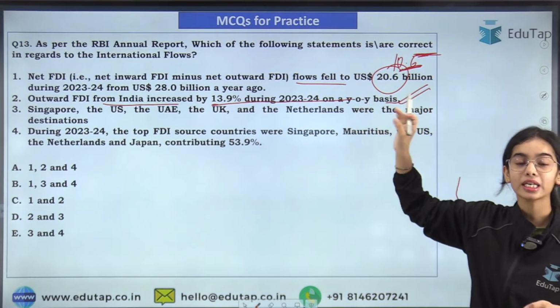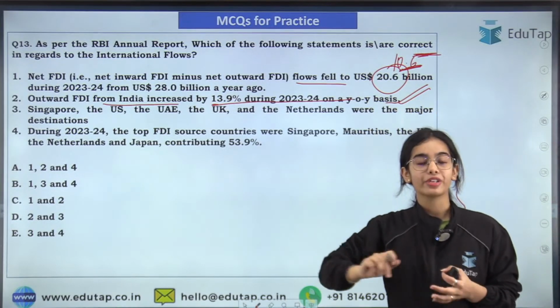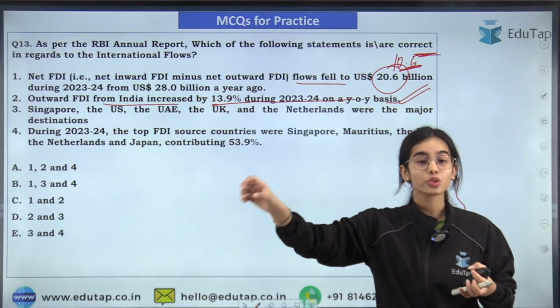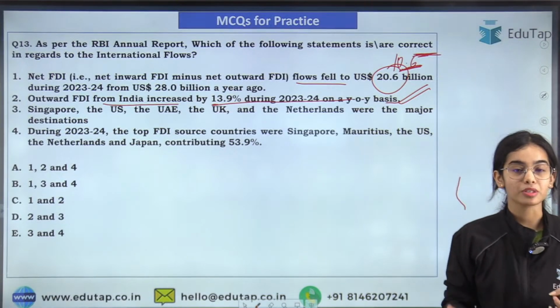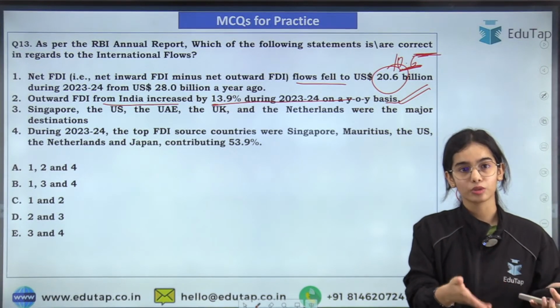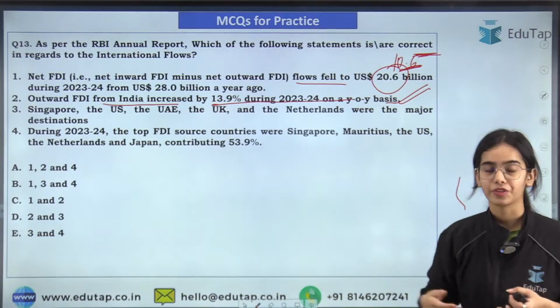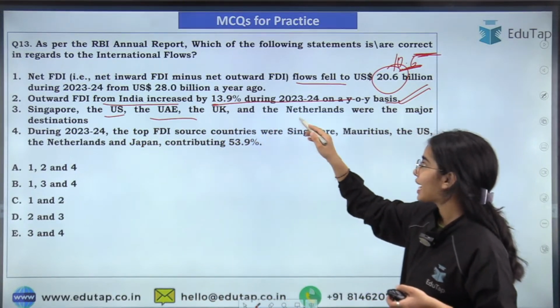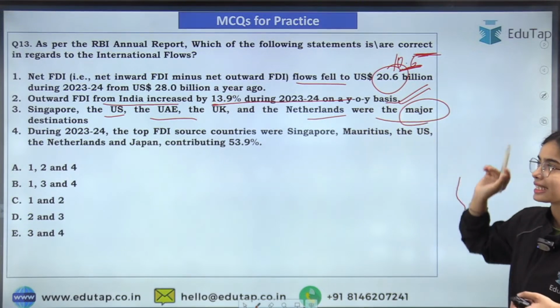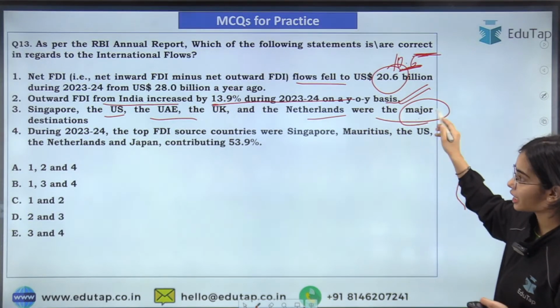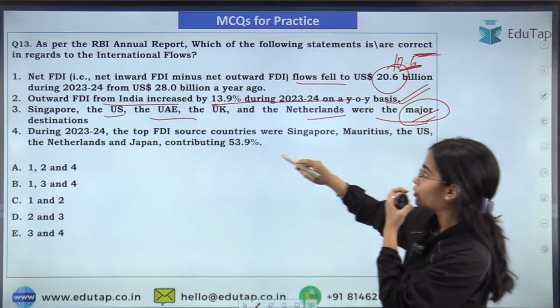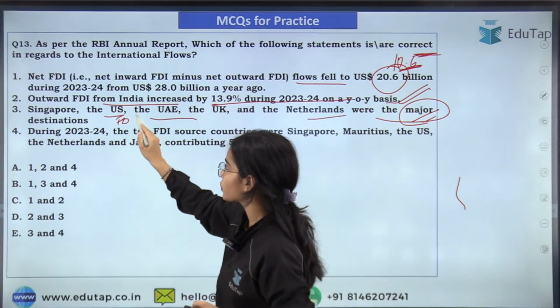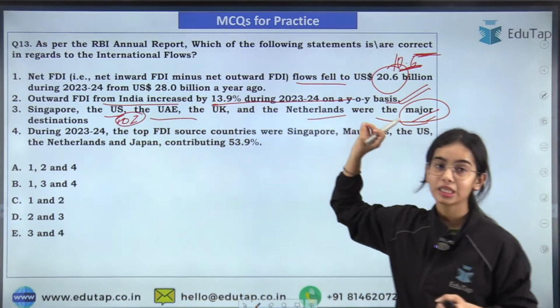That is also correct, the outward FDI going out of the country increased by 13.9% from $14 billion to $16 billion. Singapore, the US, the UAE, the UK and the Netherlands were the major destinations. This is also correct for the outward FDI.